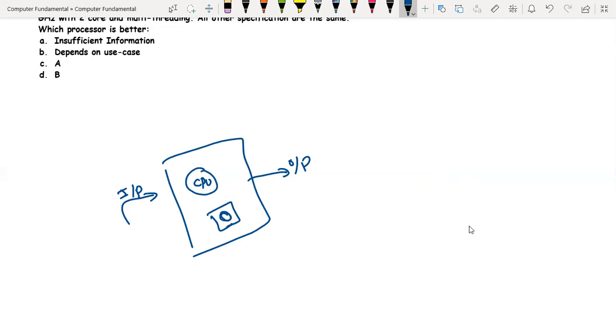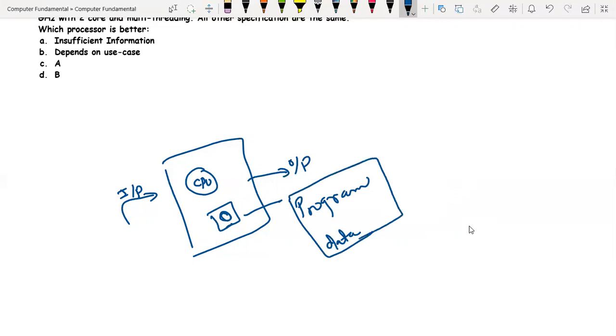So where do we store the program? It may be a program or it may be your data, like your video files or Excel files or PowerPoint files, anything, that is also data. So you have two things here, a program and data. Where do you store this program and data? In memory.